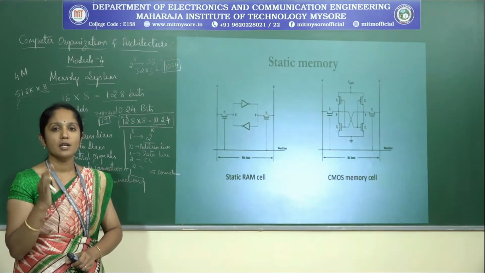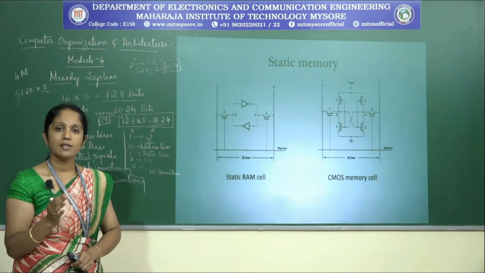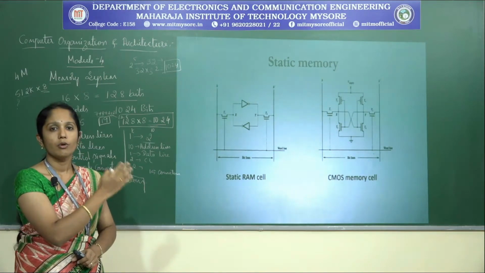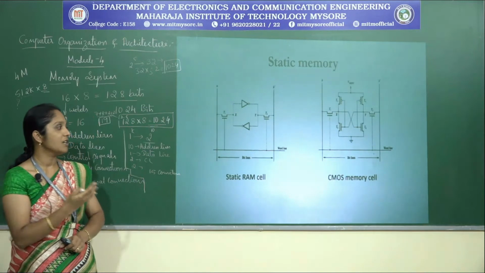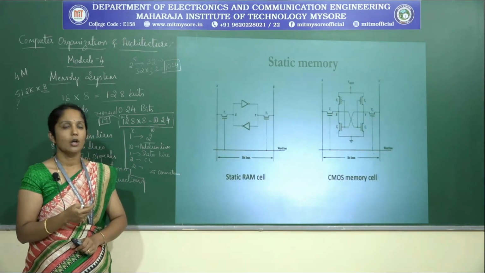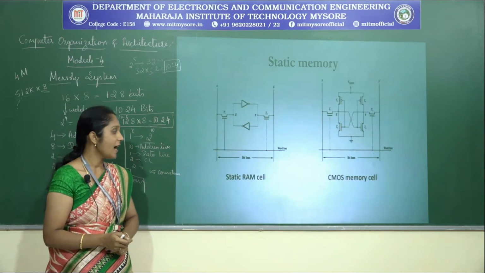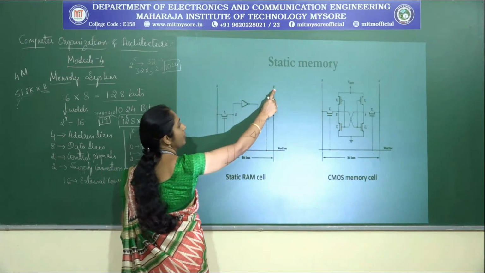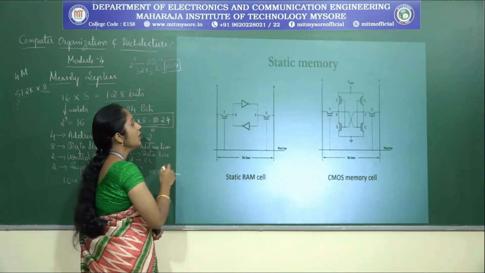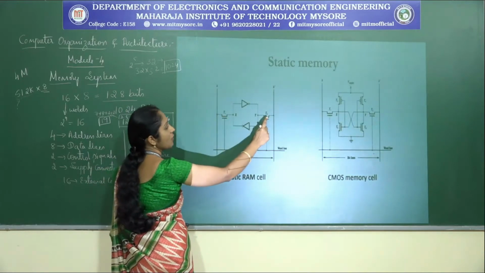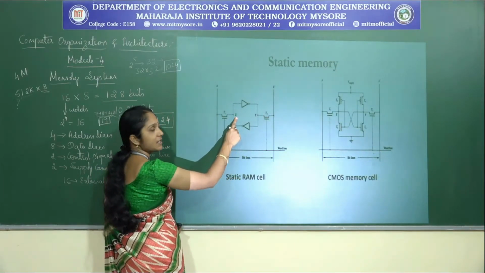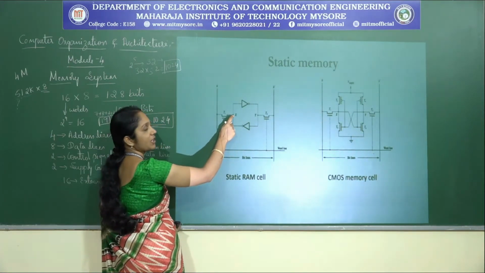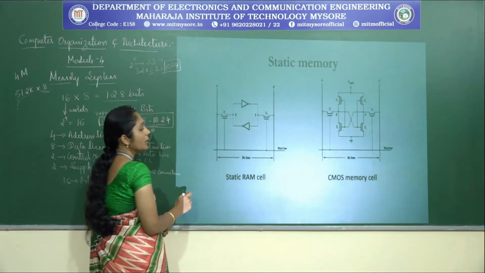We have considered CMOS because it consumes less power, so we have replaced the NOT gates using CMOS inverters. In the static RAM cell you can observe we have B and B dash, which are complements of each other, and transistors T1 and T2. X is the value of one node and Y is the other node.